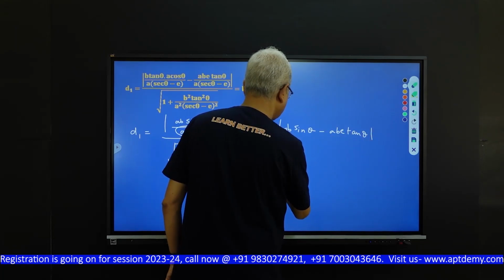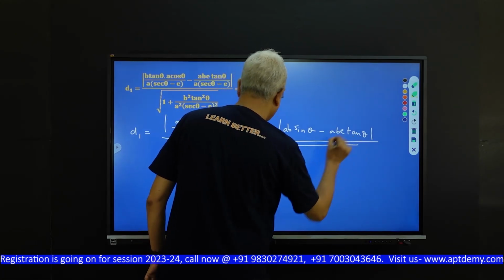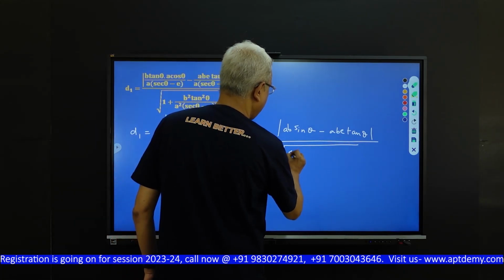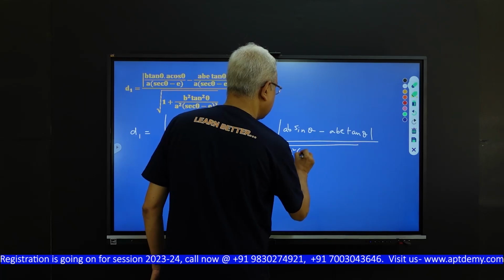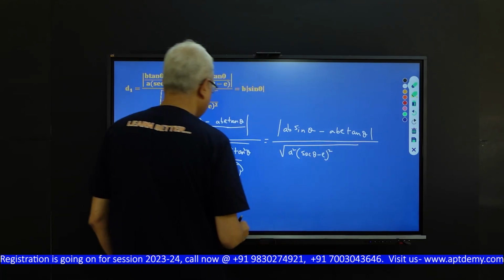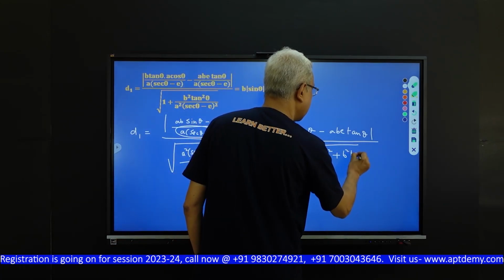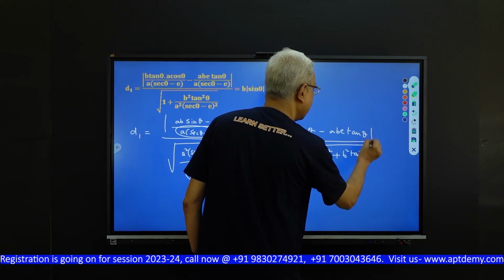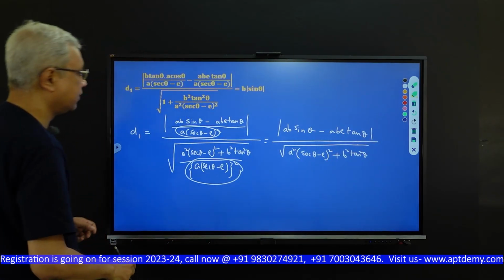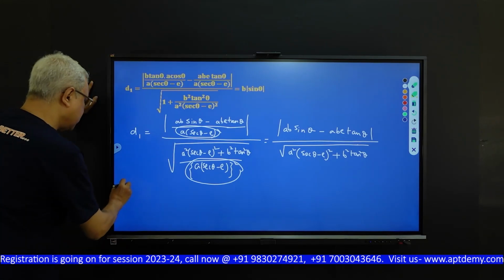Try to follow the steps, divided by root over a square sec theta minus e whole square plus b square tan square theta. I can write like this, is it not? Okay. Now talk about the denominator.